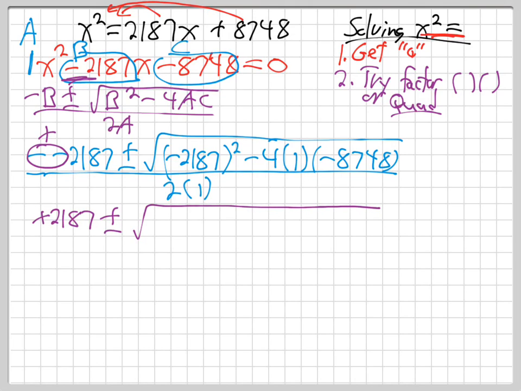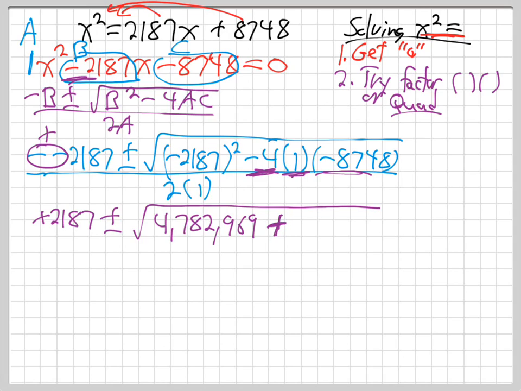2187 squared, these are big numbers. Wow, really big. I'm getting 4,782,969 plus. So negative times positive times negative. So 2 negatives, see how I knew it was going to be plus?